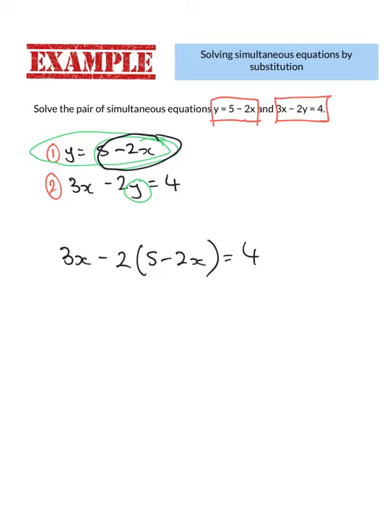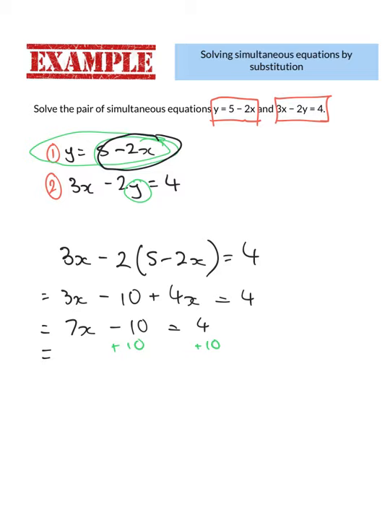From here, we're going to work through and expand our brackets. So we're left with 3x minus 10 plus 4x equals 4. Simplify that down, we get 7x minus 10 equals 4. We're then going to add 10 to each side because we are trying to get x on its own here.